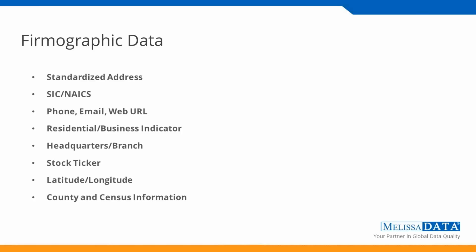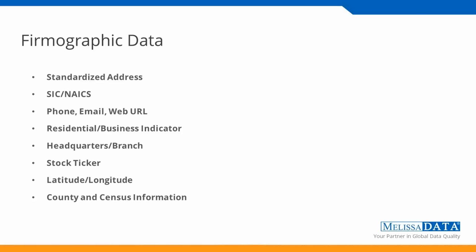So we also get information like whether the business is a headquarters or a branch. This is good because if you're trying to find a headquarters, this is something that can help you out. You got the stock ticker. You get, I think, a 2 to 4 letter code that represents the stock name for that business.